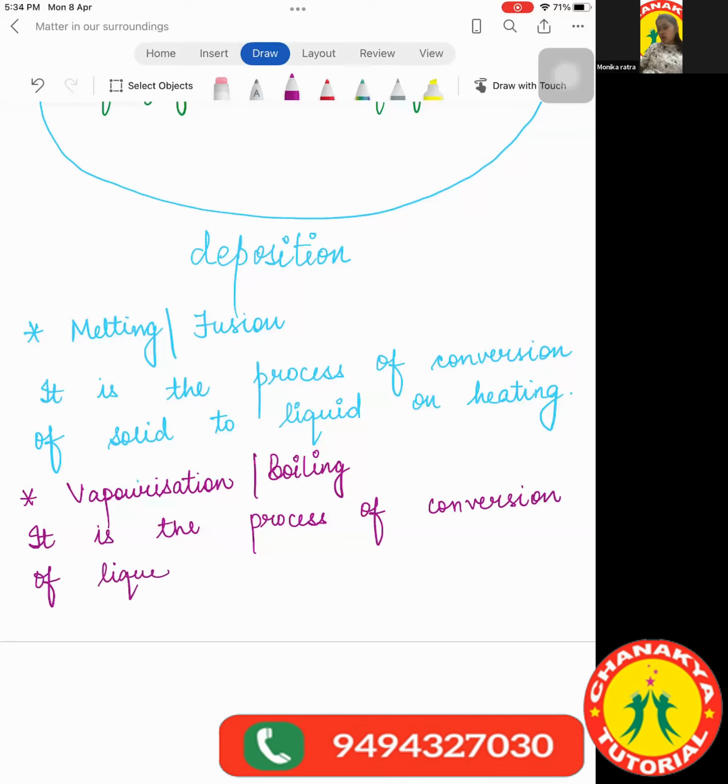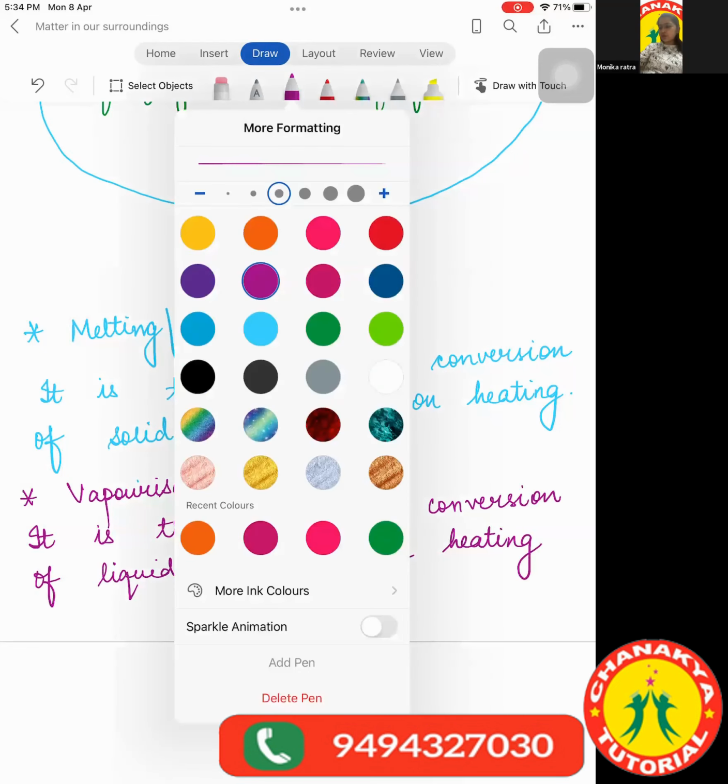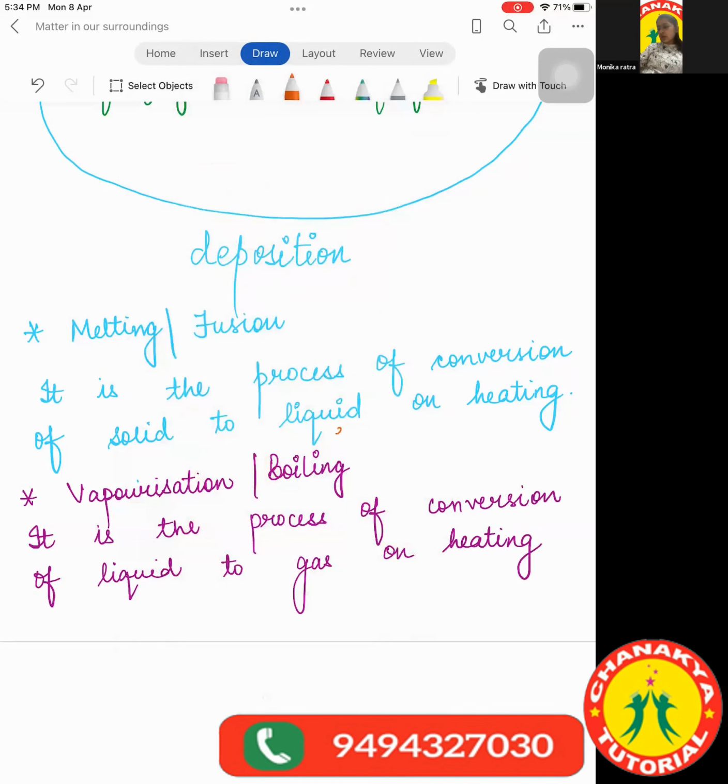Again, how? On heating. Let me write the examples for all of them, the most basic and the most common examples, which you are already aware. Example is the conversion of ice to liquid water. Here the example is the conversion of liquid water to vapors.